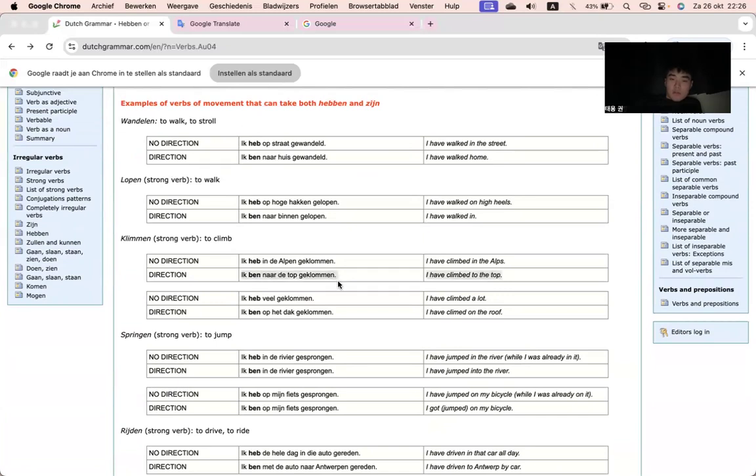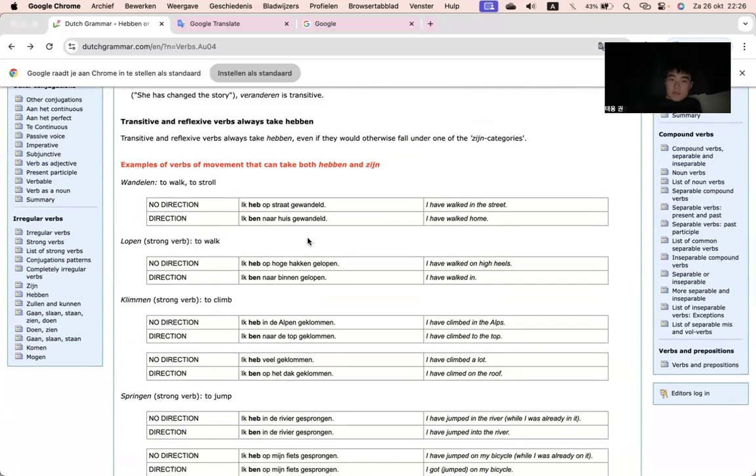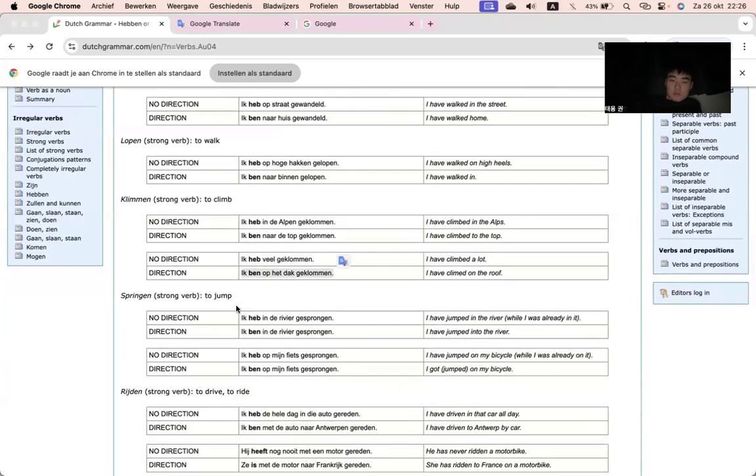So if there is a direction, there could be both cases for any verbs. Ben op dat dak geklommen. Ik heb in de rivier gesprongen.